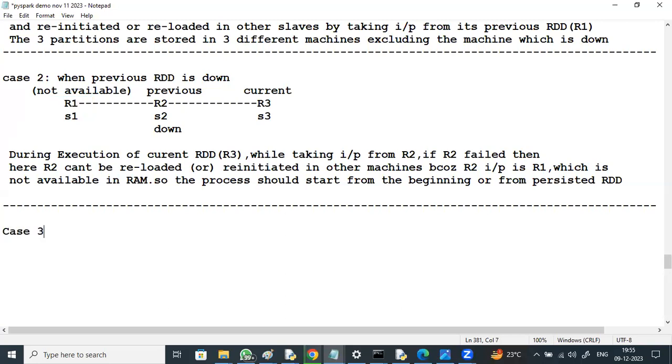Case 3: if a persisted RDD machine is down.